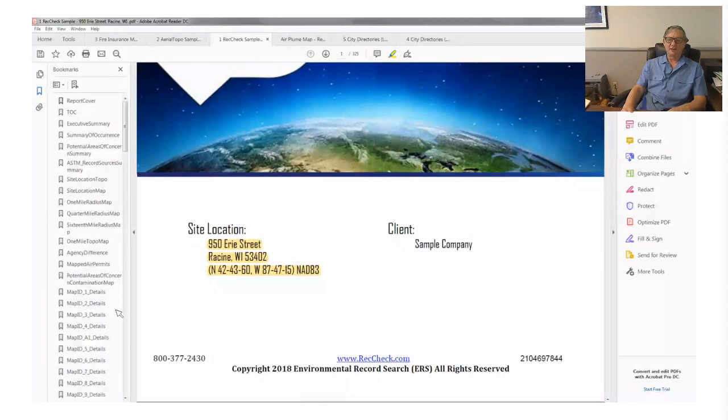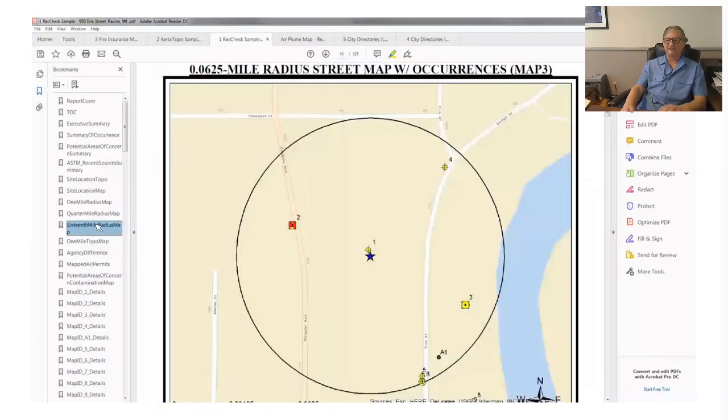We open the bookmarks, and we're really quickly going to go down to the 1/16th of a mile radius. So right here, we've got a whole bunch of things. Our reports have yellow, meaning you need to look at it, to red, which is bad to the bone, and green is good.